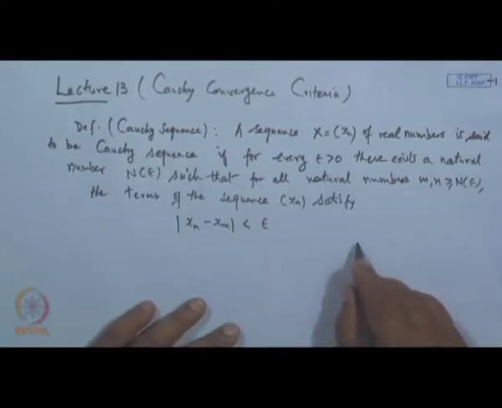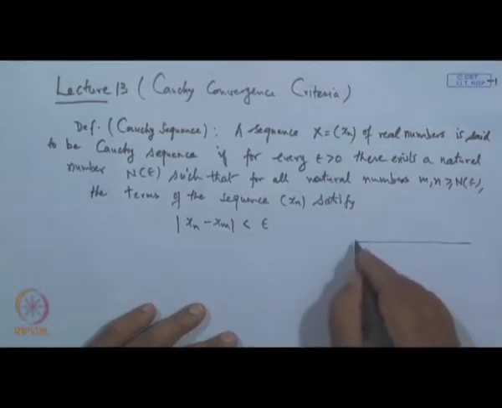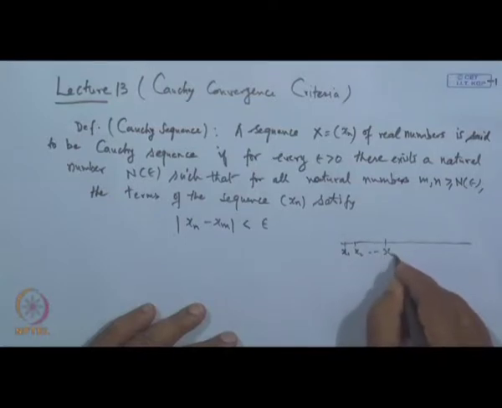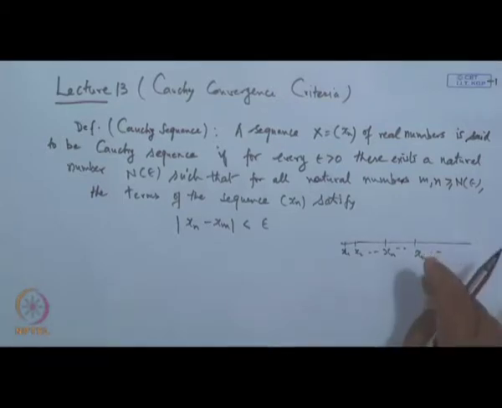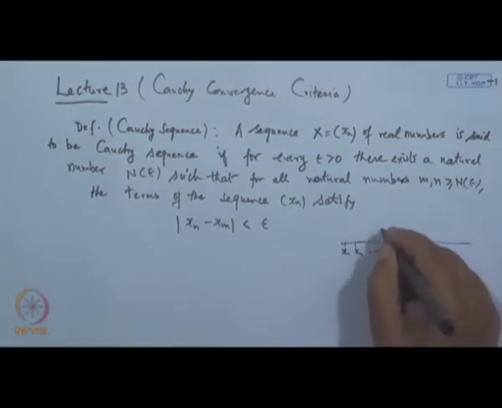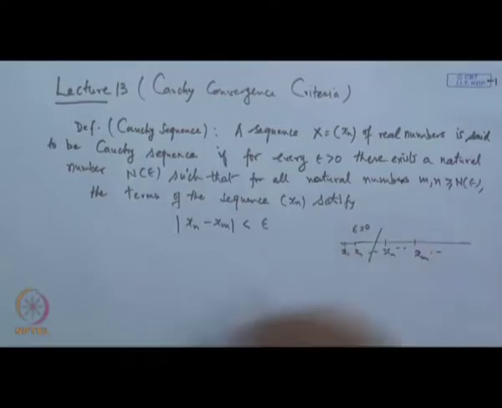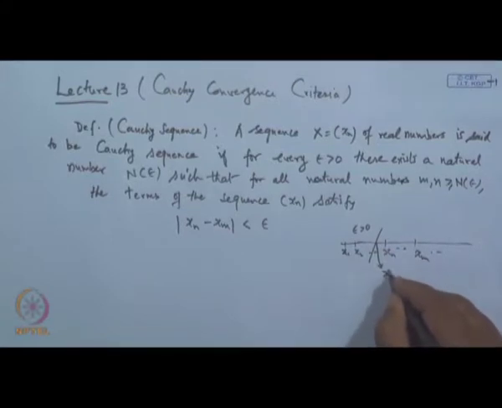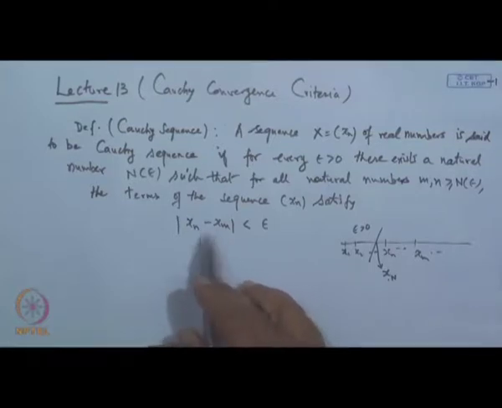It means a sequence x 1, x 2, x n, a sequence of real or complex numbers, is a Cauchy sequence if for every epsilon greater than 0, you first choose the epsilon, then corresponding to this epsilon one can identify a point capital N such that when we take all the terms after this N onward, the difference between any two arbitrary terms will remain less than epsilon.